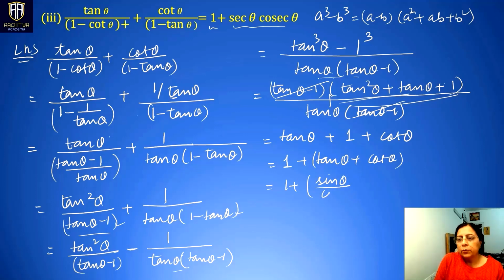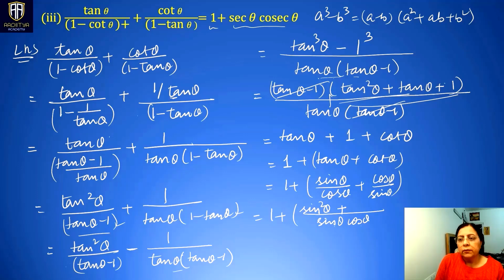Tan is sin upon cos. Cot is cos upon sin. Right? So we have 1 plus, in bracket, take this LCM, sin theta cos theta. Cos theta gets reduced, sin theta gets multiplied by sin theta, which is sin square theta.